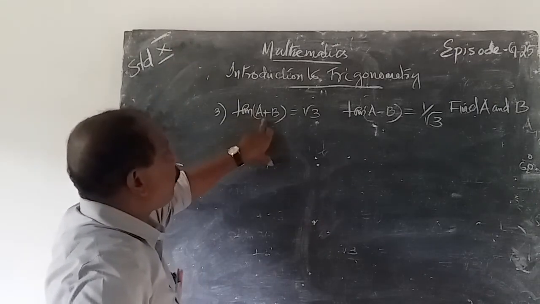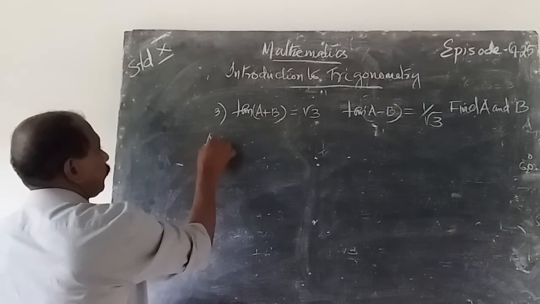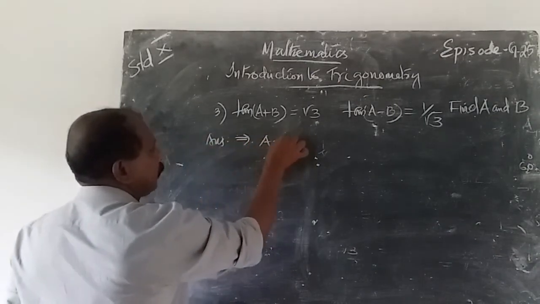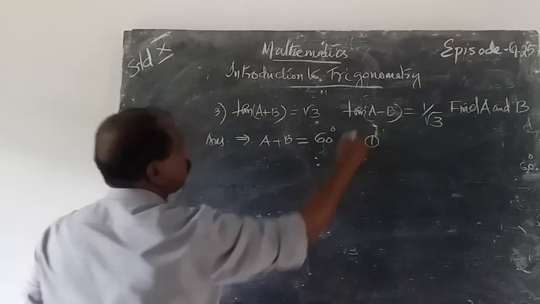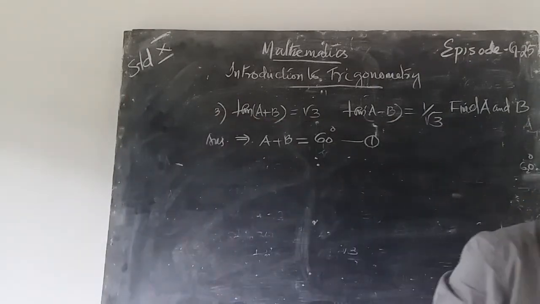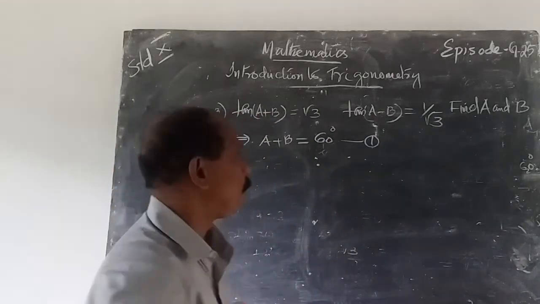Therefore, tan(a plus b) is equal to root 3, which implies that a plus b is equal to 60 degree. That is equation number 1, since tan 60 is root 3. Then tan(a minus b) is 1 by root 3 means tan 30 is 1 by root 3.